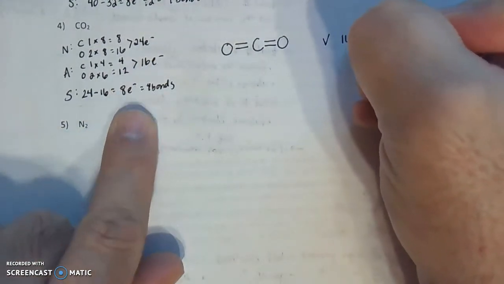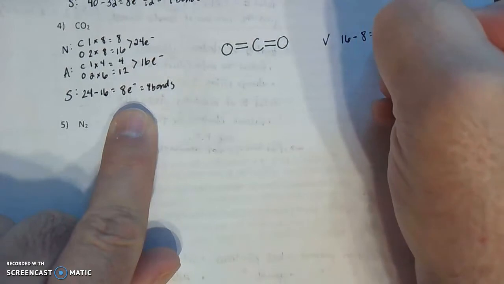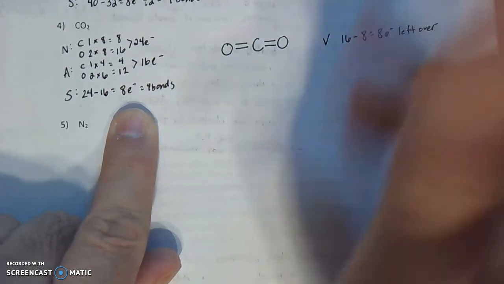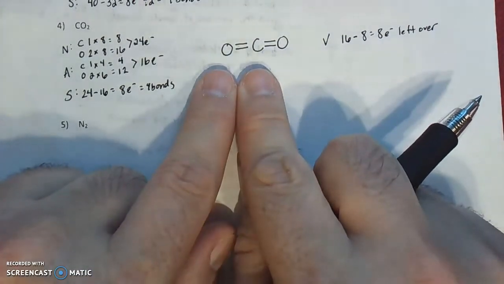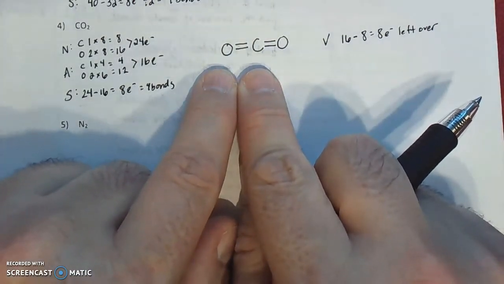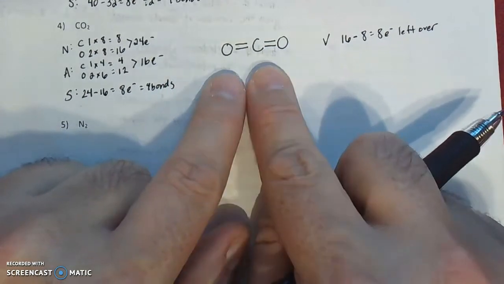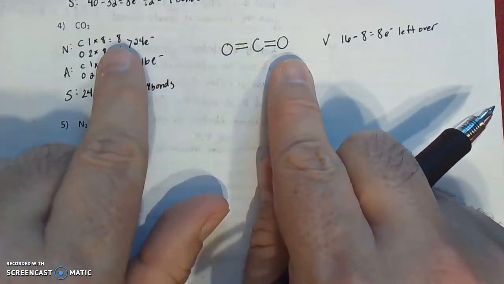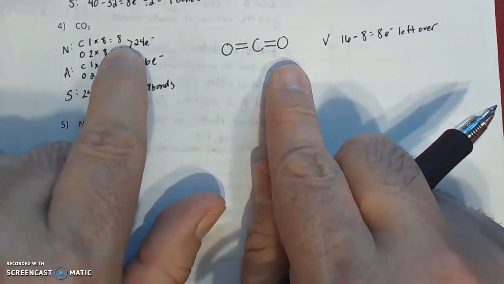Now we have to do our little check, which is A minus S. So 16 minus 8 gives us 8 electrons left over. So we have to put 4 pairs of electrons in our diagram, and we have to make sure that everything's happy. So carbon needed 8.